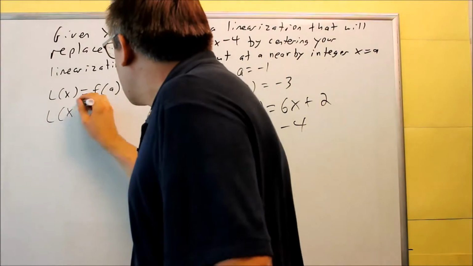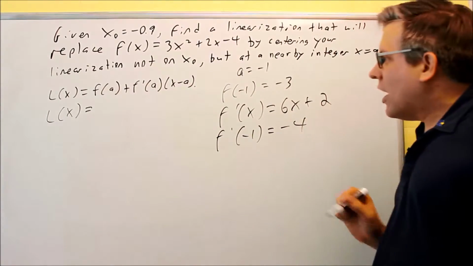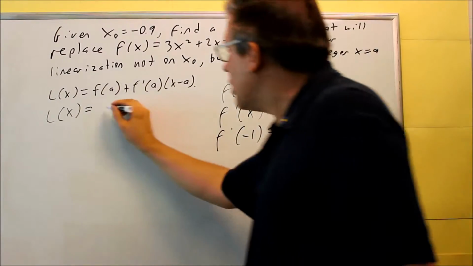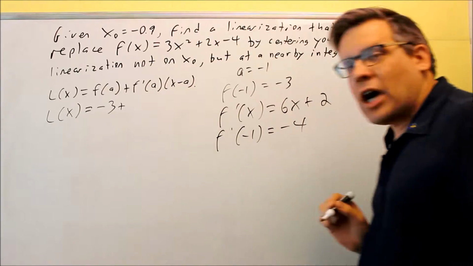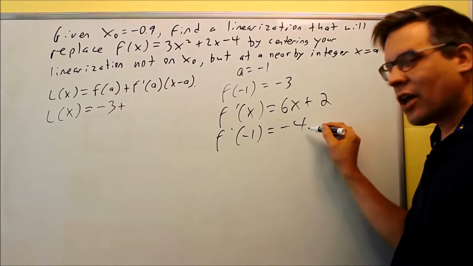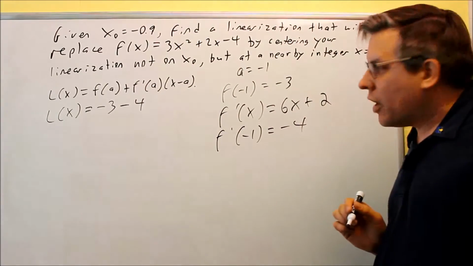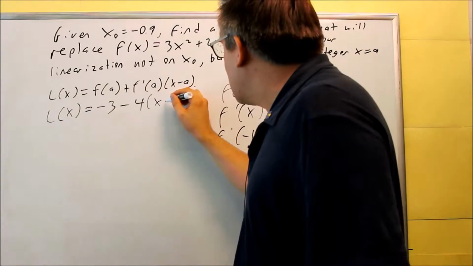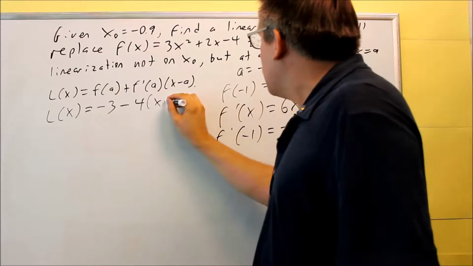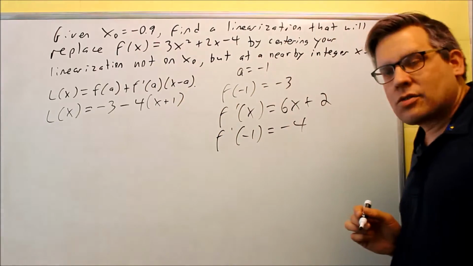So L of x is equal to f of a, that's our negative 3, plus f prime of a, our derivative at a, which is negative 4. So let's make it minus 4, and I have x minus a negative 1, which will actually turn into a plus.